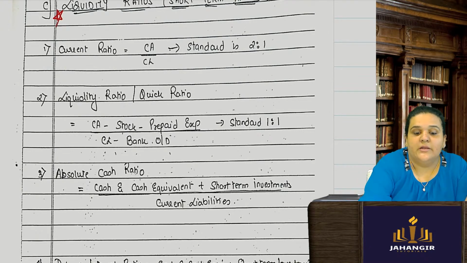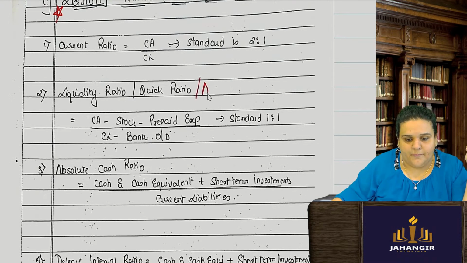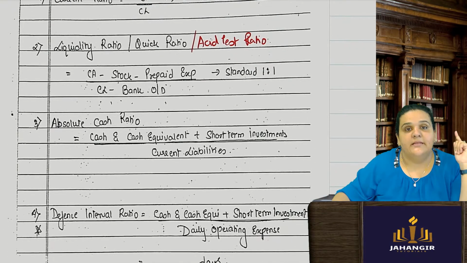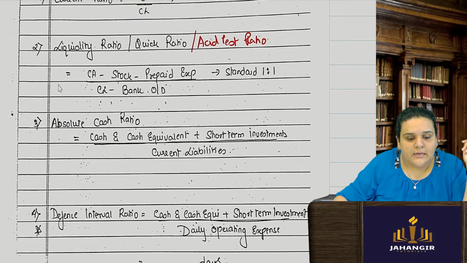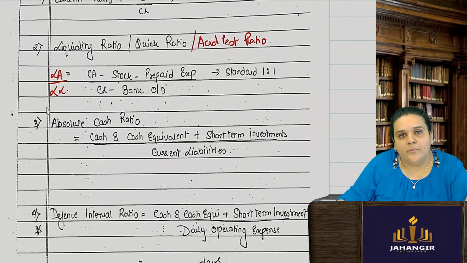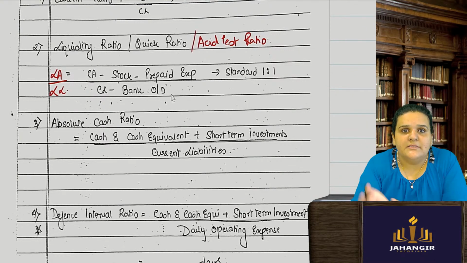Liquid ratio is known as quick ratio. It is also known as acid test ratio. So current assets minus stock minus prepaid expenses will give you your liquid assets upon liquid liabilities. What are liquid liabilities? Liquid liabilities is nothing but current liabilities minus bank OD. And what is liquid assets?